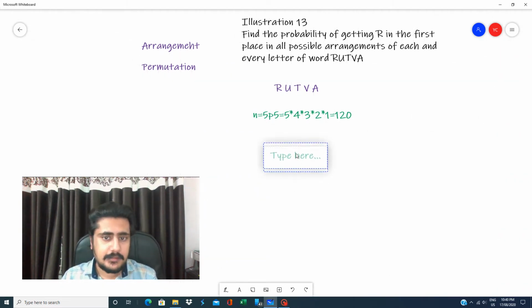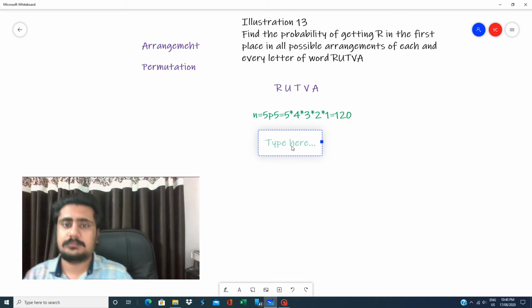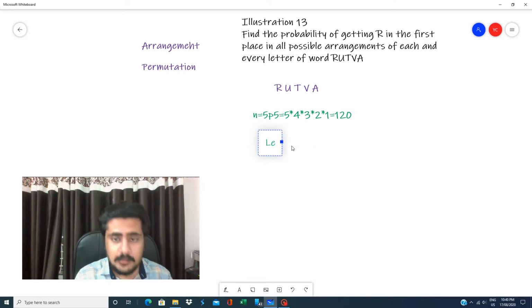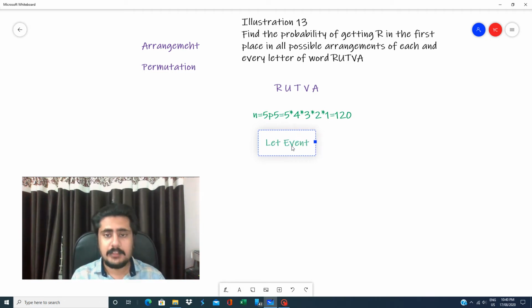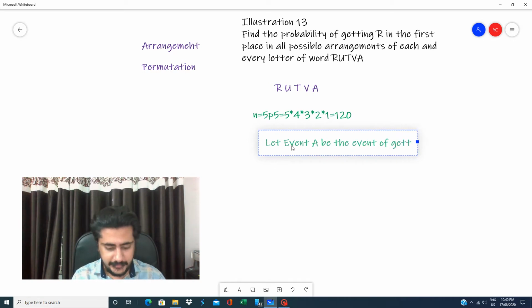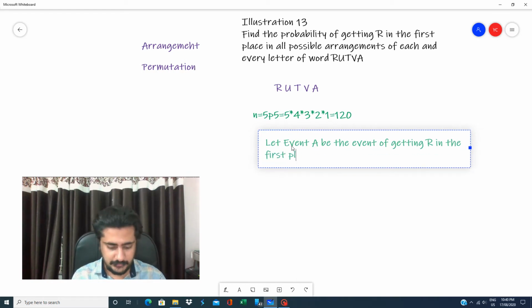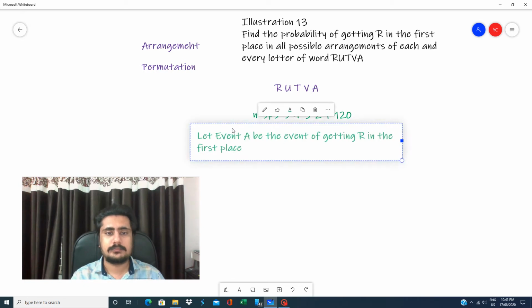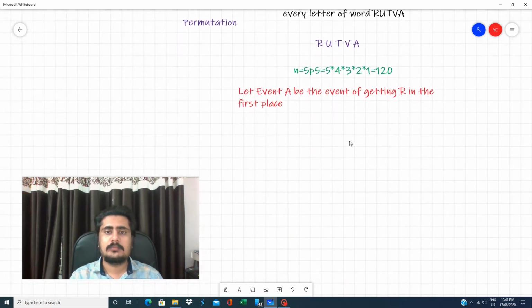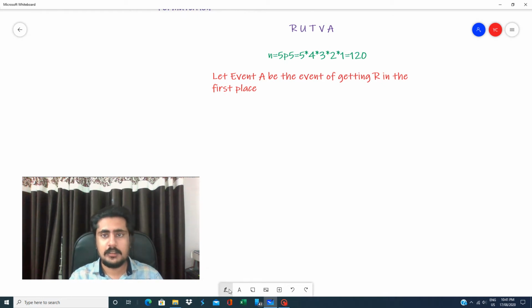So let event A be the event of getting R in the first place. Now total there are five letters, one, two, 3, 4 and 5.